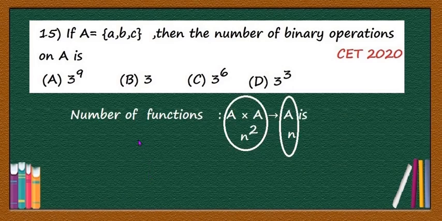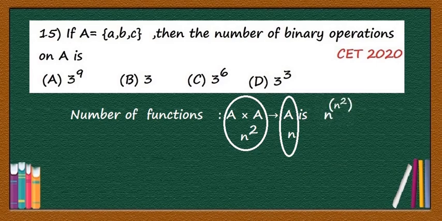Now, in this problem, we have to find the number of binary operations. A cross A has n square elements and A has n elements. Therefore, the total number of functions that can be defined from A cross A to A is n to the power n square.